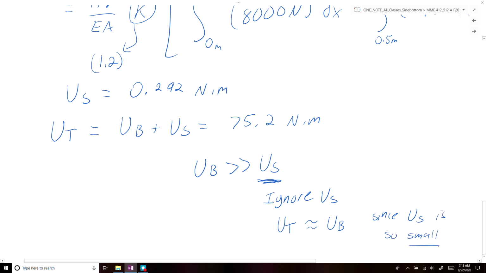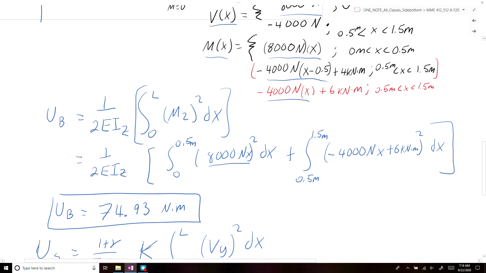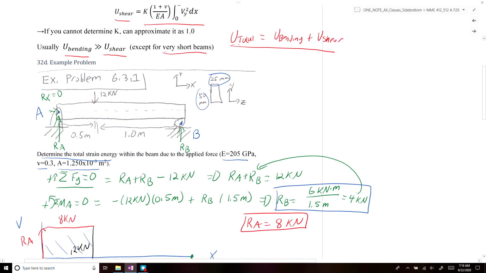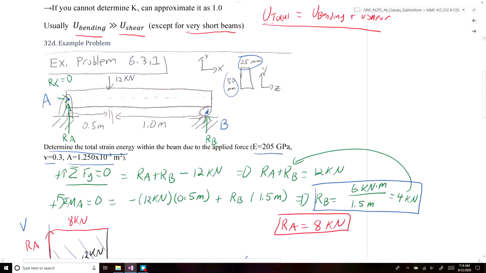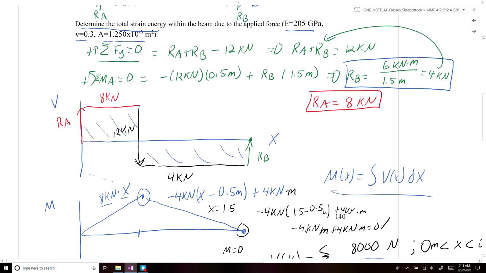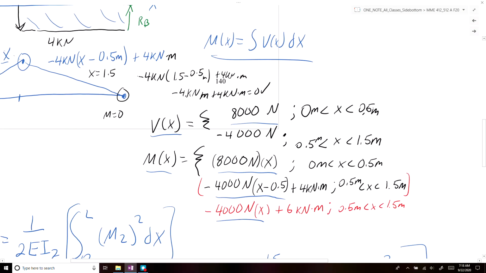In conclusion, what you have to do for these types of problems, if you're asked to find the total strain energy within a system, is use statics to determine functions of x for V of x and M of x, which we defined here.